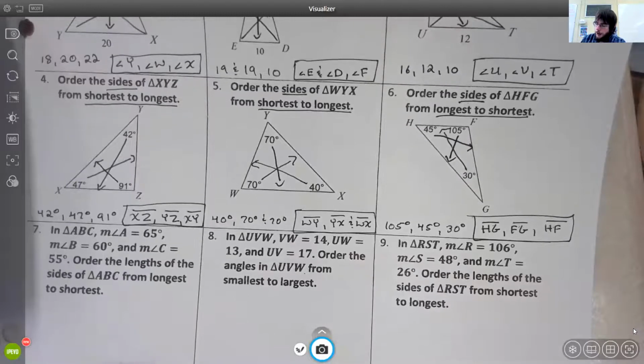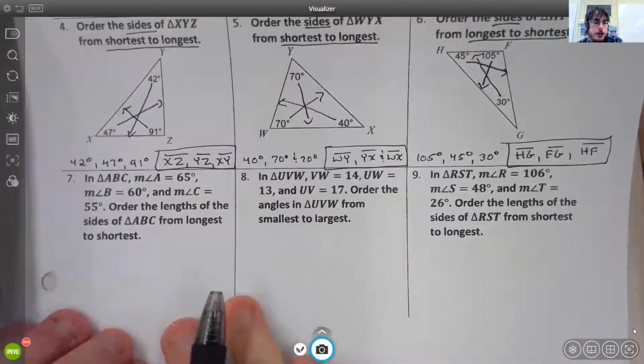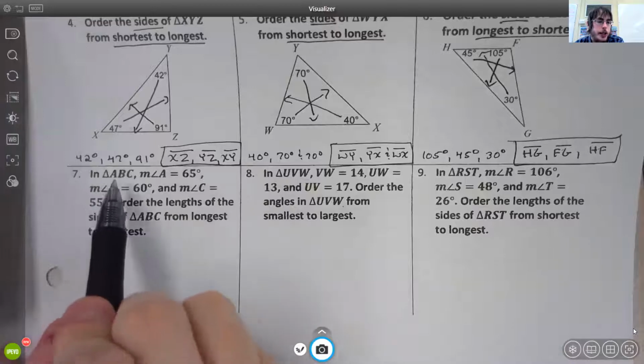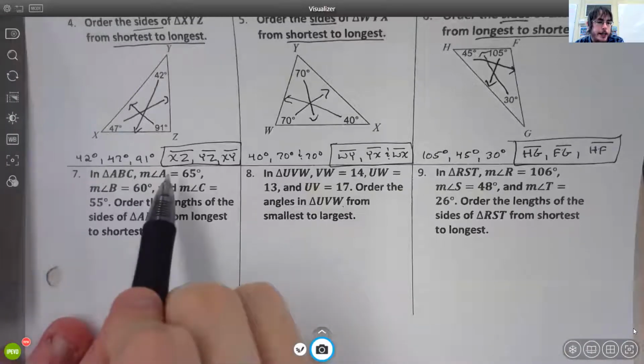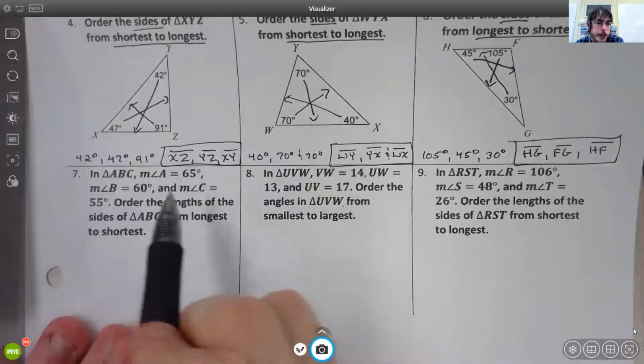All right. Now we're getting into some descriptions this time. Here's the thing about the descriptions: you want to draw a picture of this and compare it, okay? So for example, number 7 says in triangle ABC, the measure of angle A is 65, the measure of angle B is 60, and the measure of angle C is 55.